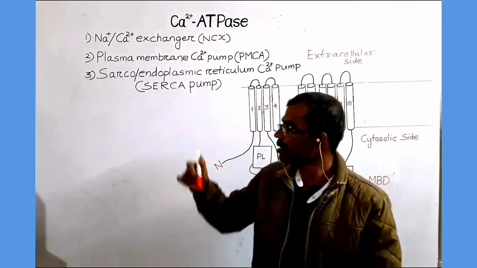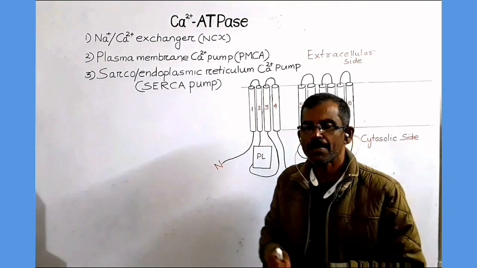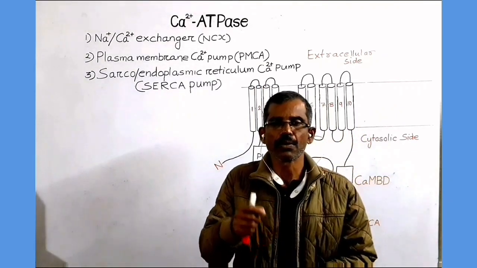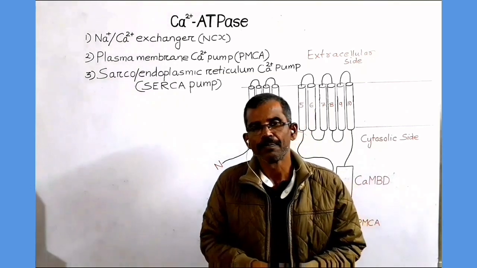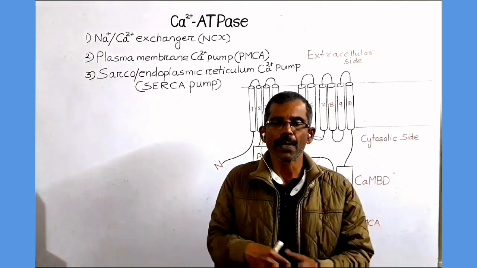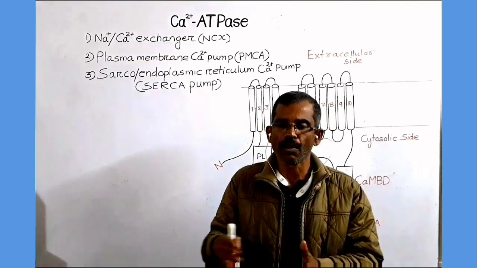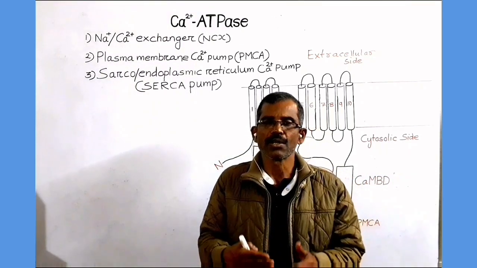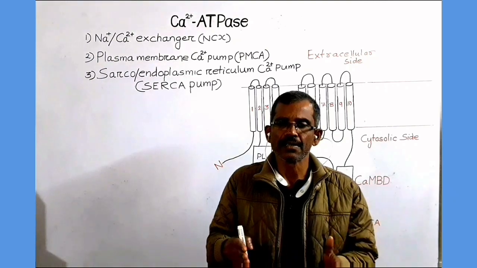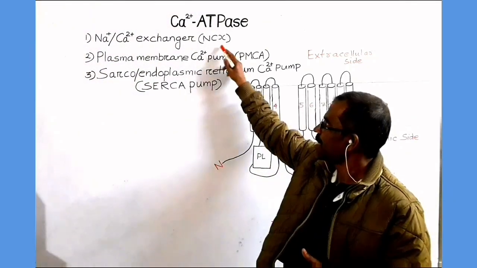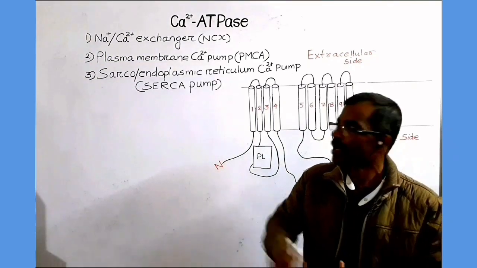The plasma membrane calcium ATPase, known as PMCA, has been attributed a housekeeping role in maintaining the cytosolic calcium ion. It is a P-type ATPase. It is considered the fine tuner of cytosolic calcium ion as it operates in a concentration range in which NCX is relatively very inefficient.